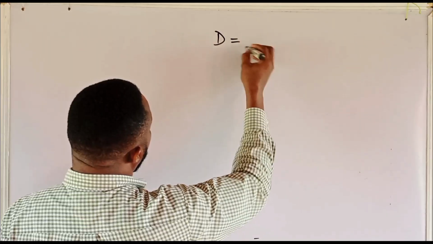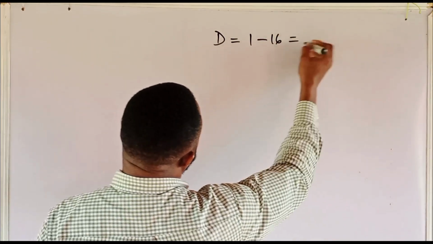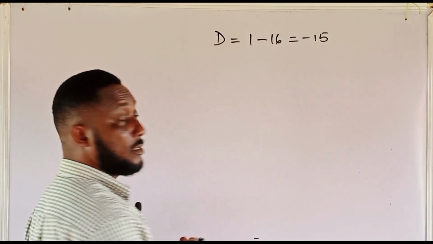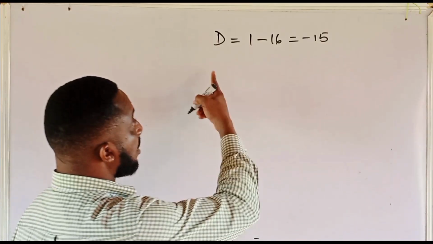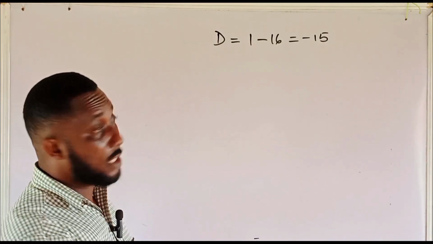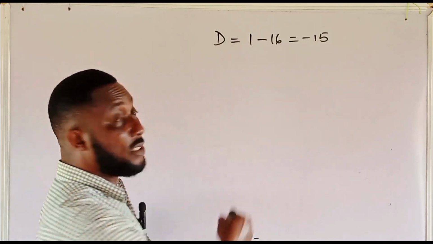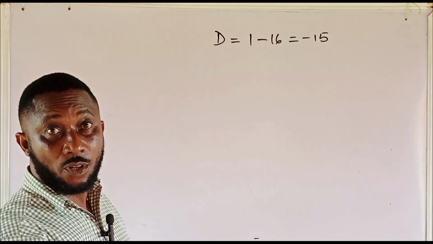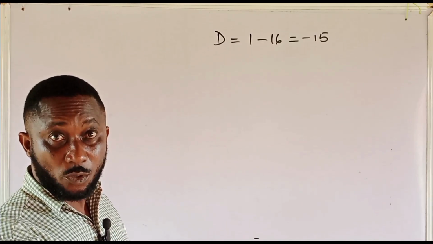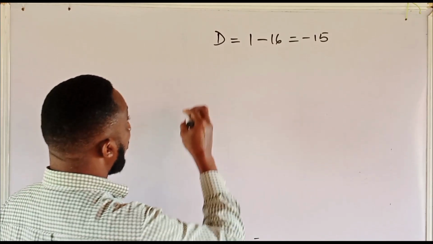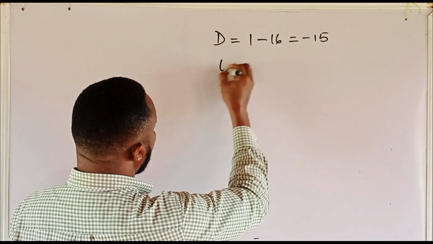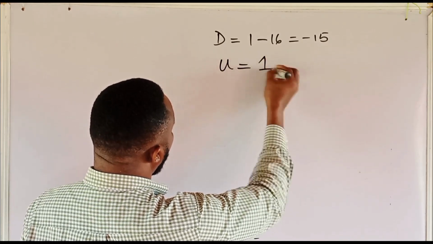D is going to become 1 minus 16, which is negative 15. Because the discriminant is less than 0, it implies that we are going to reject the quadratic because it's going to generate complex solutions. So our only true solution is u equal to 1.